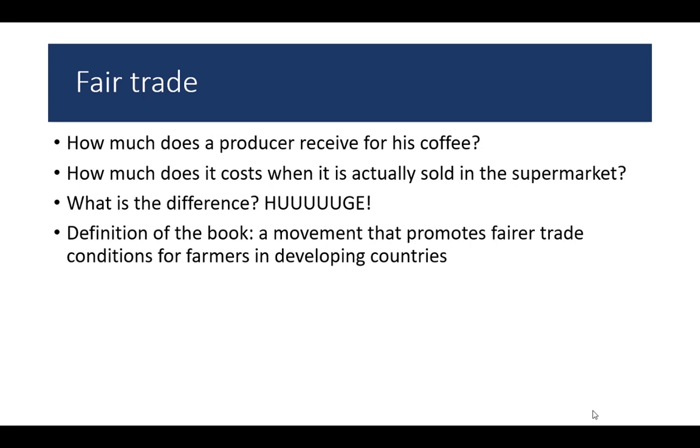And so fair trade tries to give a little bit of a higher price to producers, higher than a normal price, so they can make a better living. The definition of the book is a movement that promotes fairer trade conditions for farmers in developing countries. Yes.